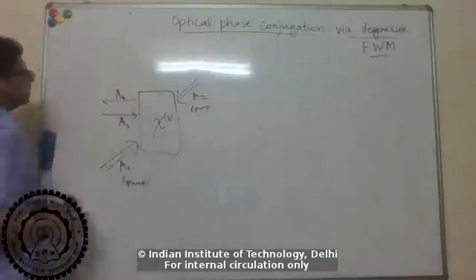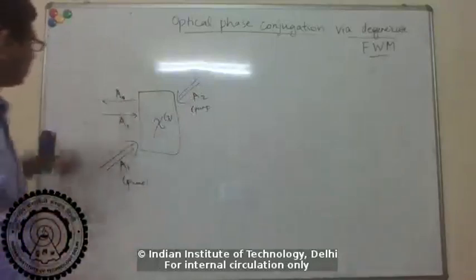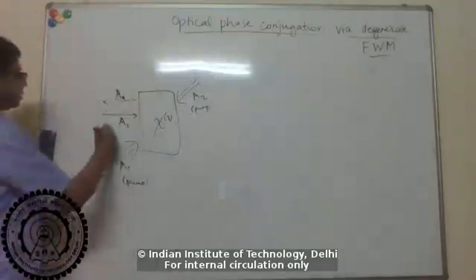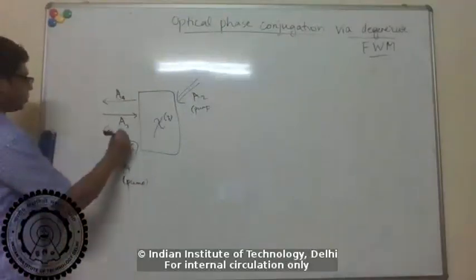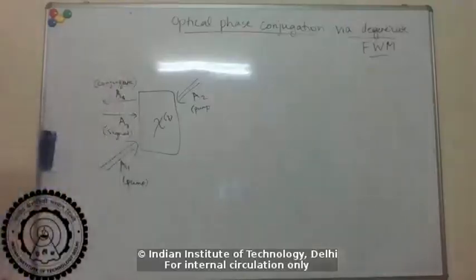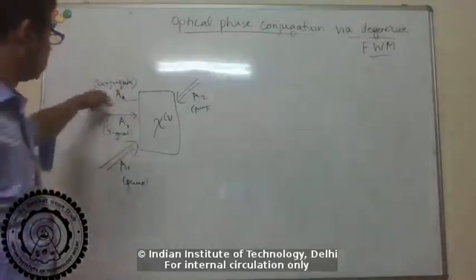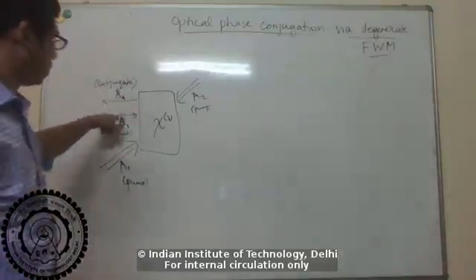Basically our task was to show that the reflected beam from here, where the input is the signal or probe, would be the conjugate. So we wanted to show that A4 will be proportional to A3 conjugate.